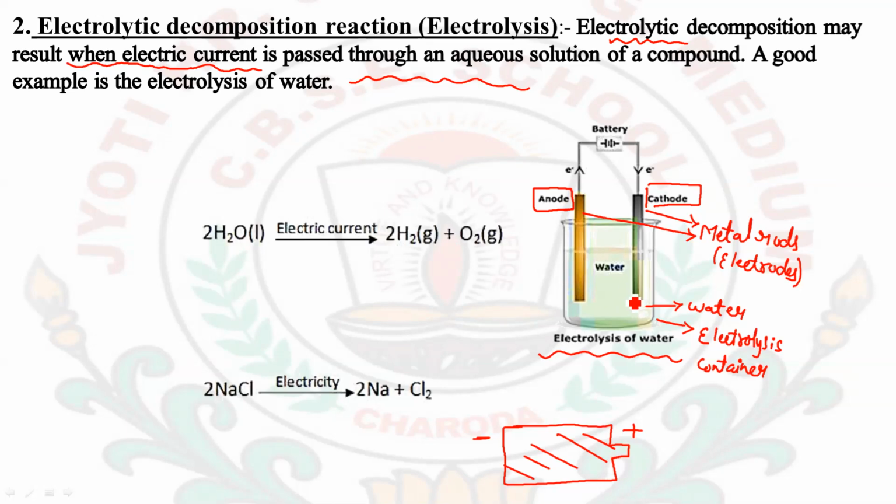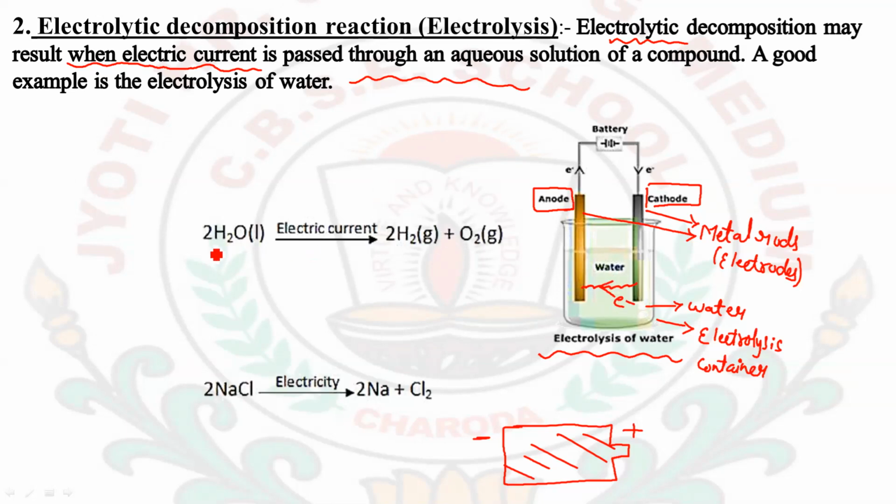To make it more conductive, we can use one or two drops of an acid like HCl or H2SO4. The electricity will flow from one rod through the water to the other rod and complete the circuit.